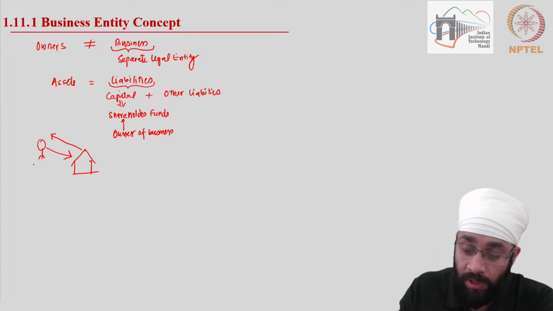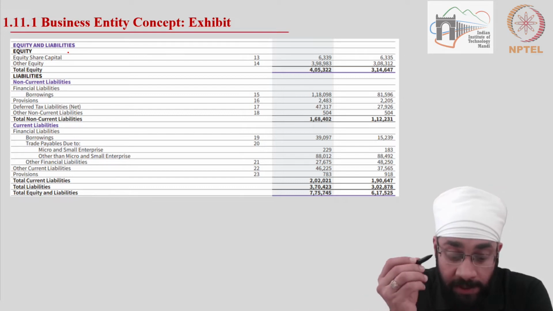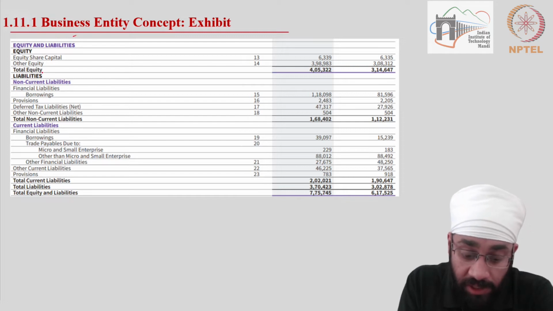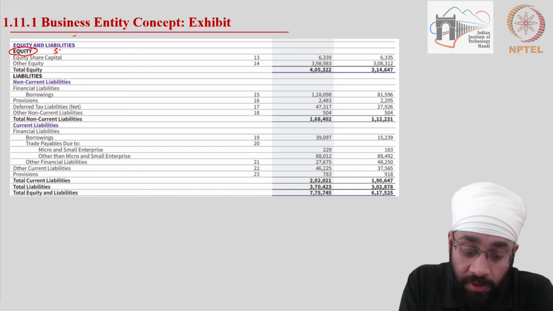Let me give you a quick exhibit of this as well. We looked at Reliance Industries Limited's balance sheet. This is the equity side of the balance sheet, and I told you that this equity is what represents shareholders' funds.